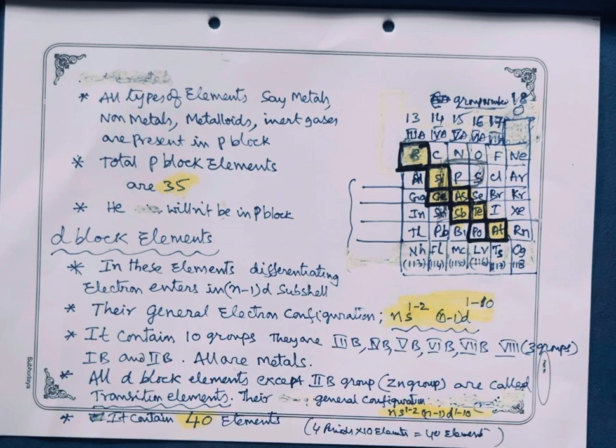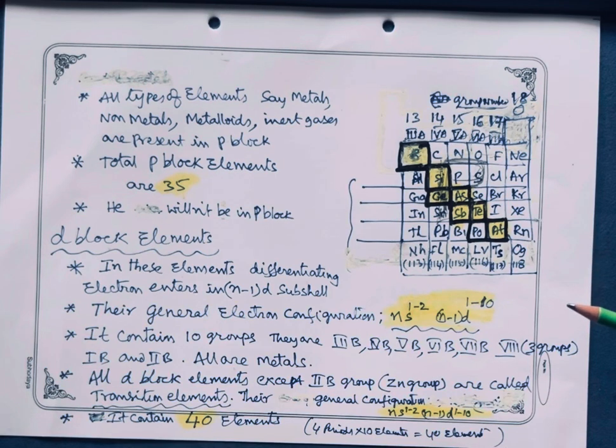Remember, all d block elements except the second B group, the zinc group, are called transition elements. Except the last group, up to n-1 d9, the elements are ns 1 to 2, n-1 d 1 to 9, not 10. The d orbitals should not be completely filled.